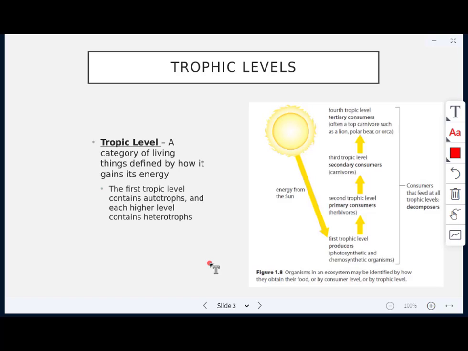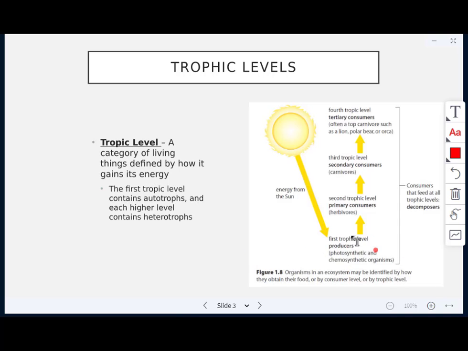So last class we had talked about producers and consumers, also called autotrophs or heterotrophs. When we talk about a trophic level, it's a category of living things defined by how it gains its energy. So the first trophic level contains autotrophs, and each higher level will contain heterotrophs.